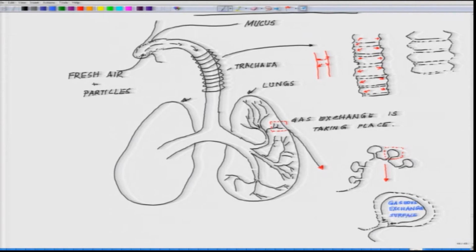This is where the gaseous exchange takes place. But how does it take place? As of now, we have talked about the anatomy of the lungs. Now it takes place underneath it. If you look at it, out here at this surface, what you have are the blood vessels coming. The blood vessels move like this. They almost look like they're touching, but they're actually not touching.